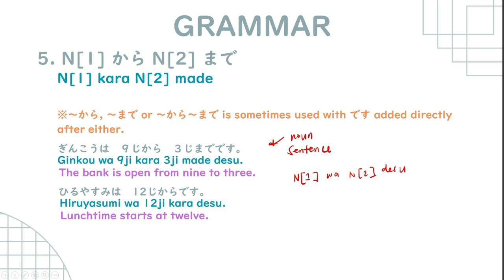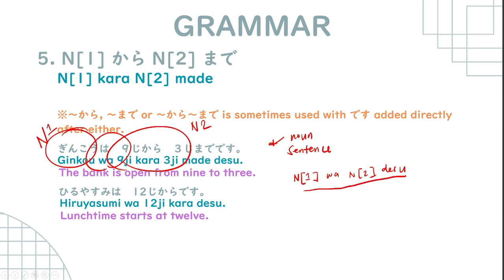This follows this rule, which is among the most basic grammar forms in the Japanese language. So ginko is a noun, wa is the particle, and 9時から3時まで is noun 2. We also have 昼休み, which is noun 1, wa, 12時からです.